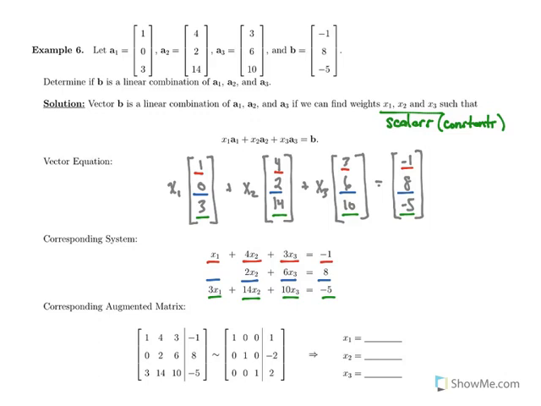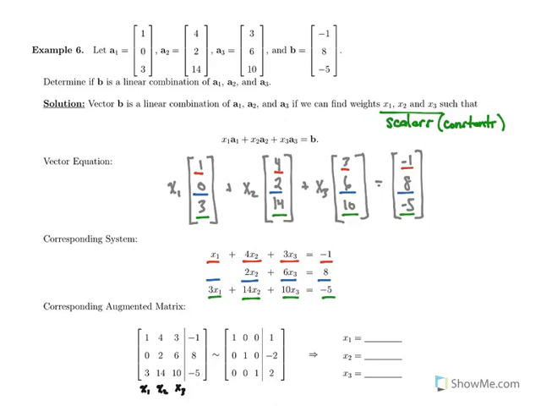We can solve this by putting it into the corresponding augmented matrix, row reducing, and then we can solve. So the corresponding augmented matrix looks at the coefficients. We have this bar for the equal sign, and then we have our B. Remember that the columns are associated with the variables: the variable for x1, the variable for x2, and the variable for x3.